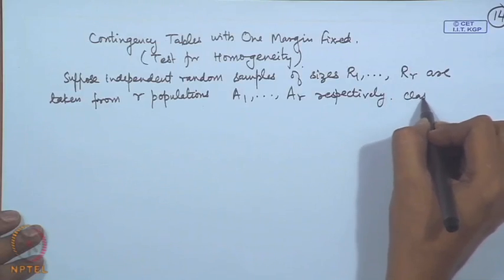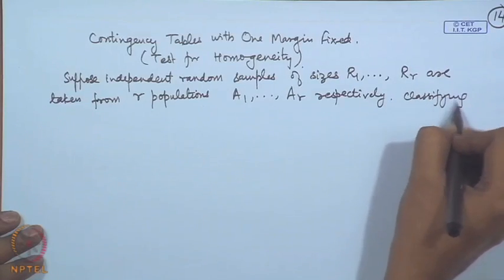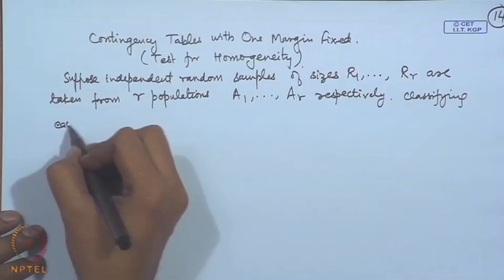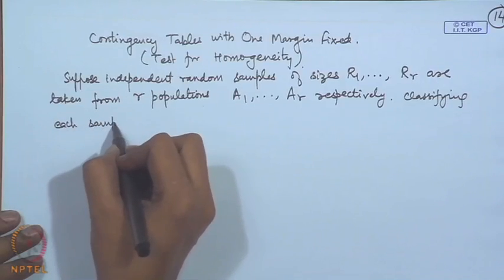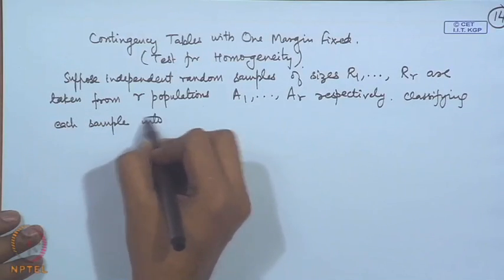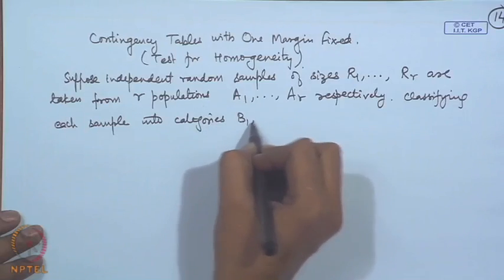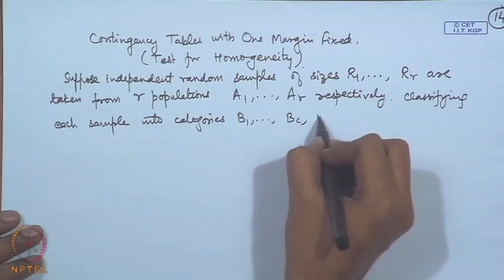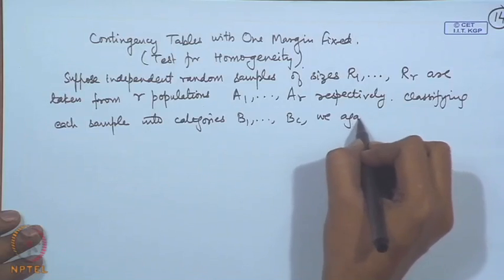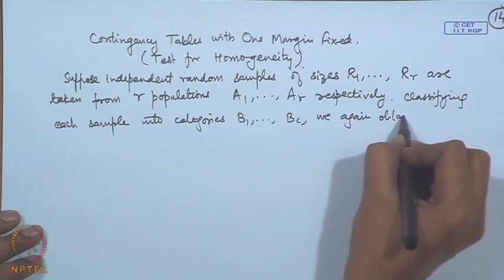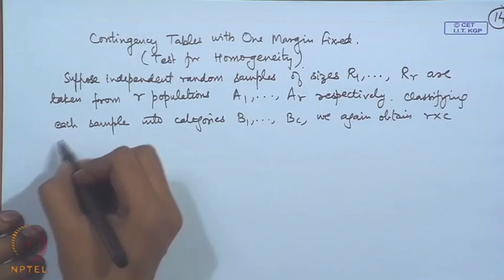So, classifying each sample into categories, say B1, B2, ..., Bc, we again obtain an R by C contingency table.